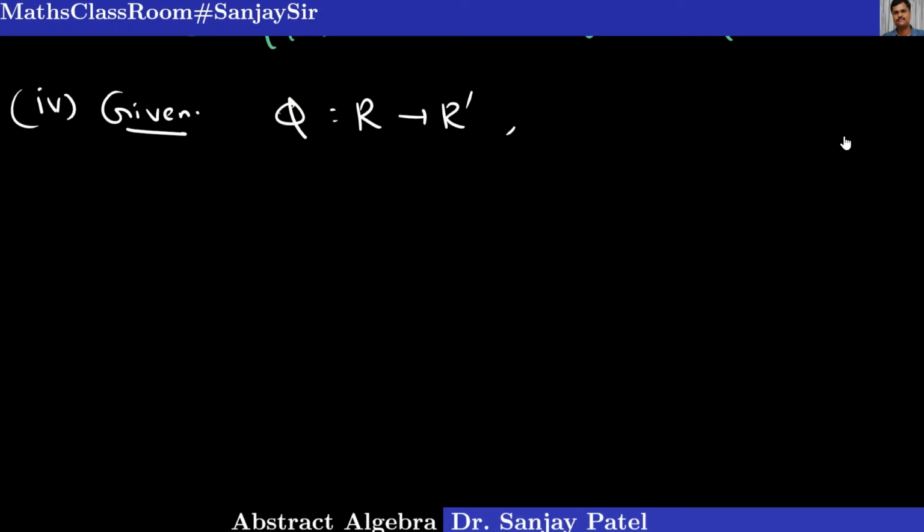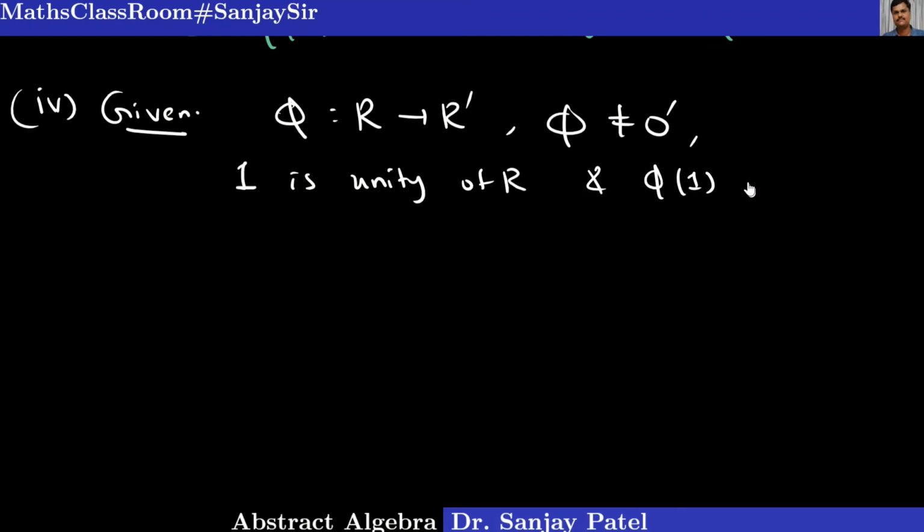We are given phi homomorphism and phi is not equal to 0. Also 1 is the unity of R and we are given that phi of 1 is not equal to 0 dash. Further, we are also given that R dash, this codomain ring, is an integral domain.